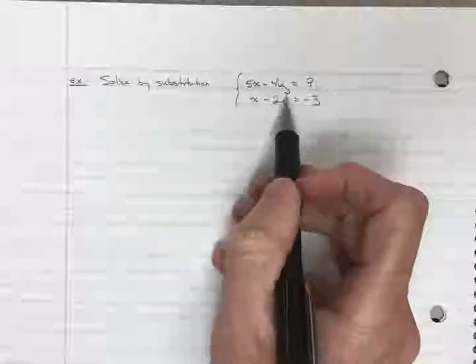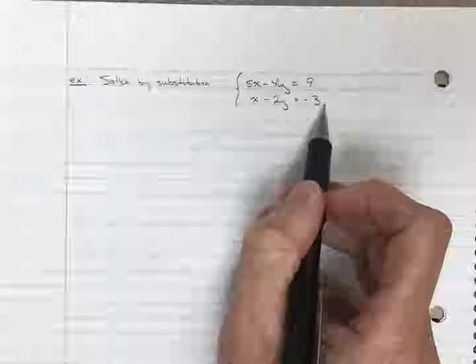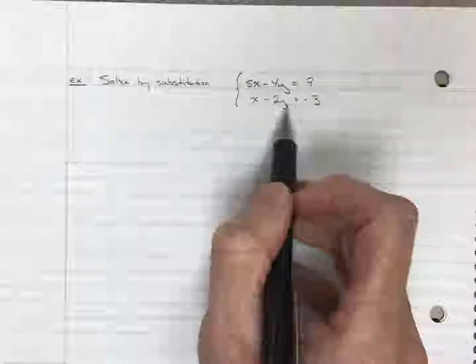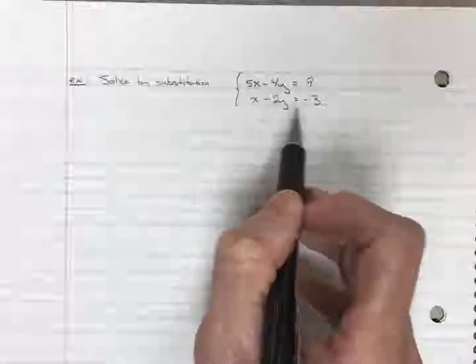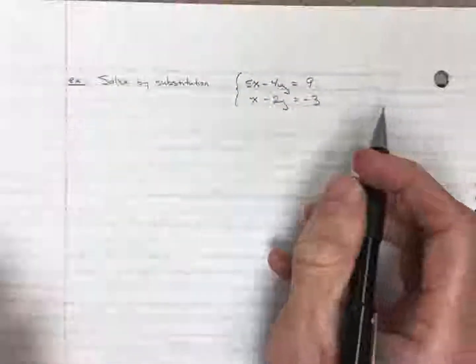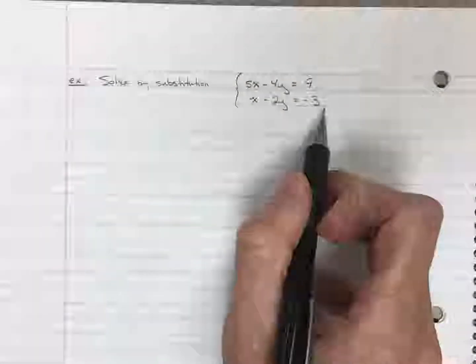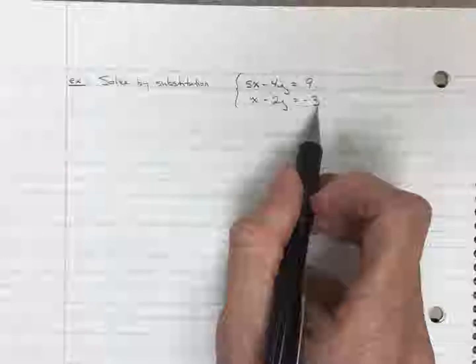Okay. Now you'll notice here that neither one of these is an x equals or a y equals. And in order to do substitution, we need to be able to put whatever x is equal to into the other equation, or whatever y is equal to into the other equation. Now, my recommendation is to avoid anything that results in fractions.